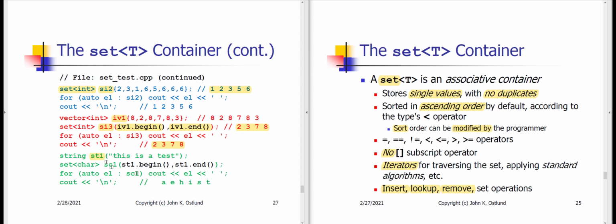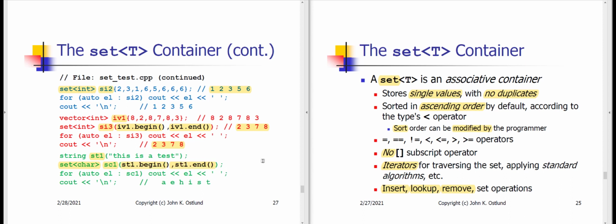In this green example, I'm creating a string object, st1, and I'm initializing that string object from "this is a test". So that's going to be 14 characters long. And I can create a set of those characters called SC1. I can traverse through the items in a string object also by using the begin and end iterators.